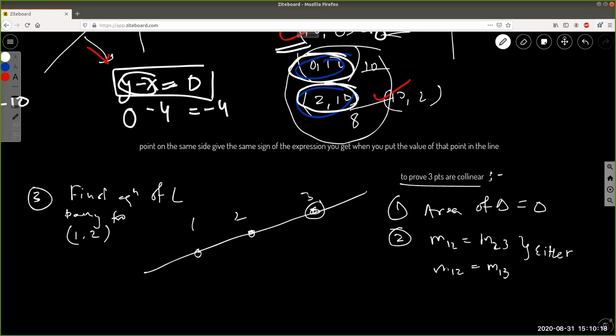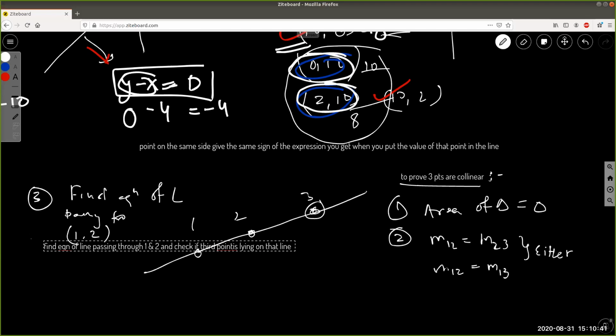So I'll write this: find the equation of line passing through 1 and 2 and check if the third point is lying on that line.